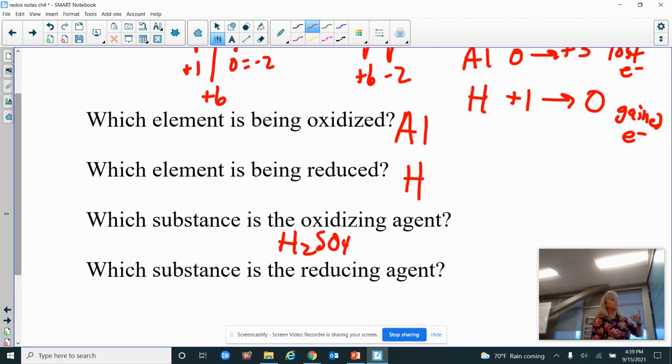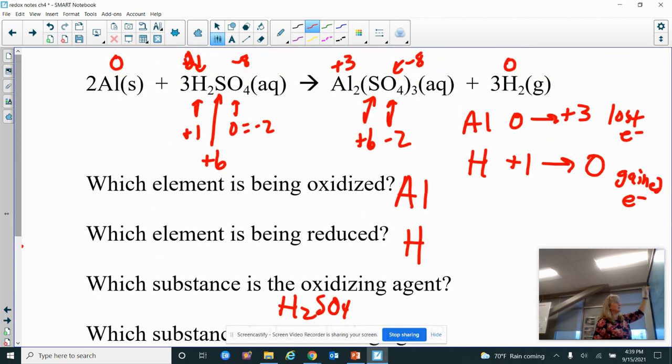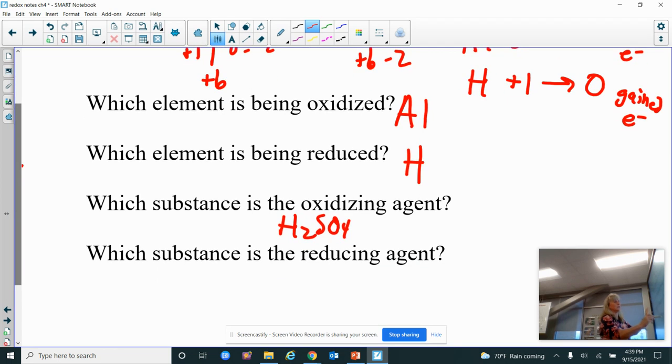What's the reducing agent? It's the reactant containing the substance being oxidized. And what is that? That's aluminum. Okay, it's just by itself. So aluminum is the reducing agent because it's being oxidized. H2SO4 is the oxidizing agent because it's the reactant containing the element being reduced.